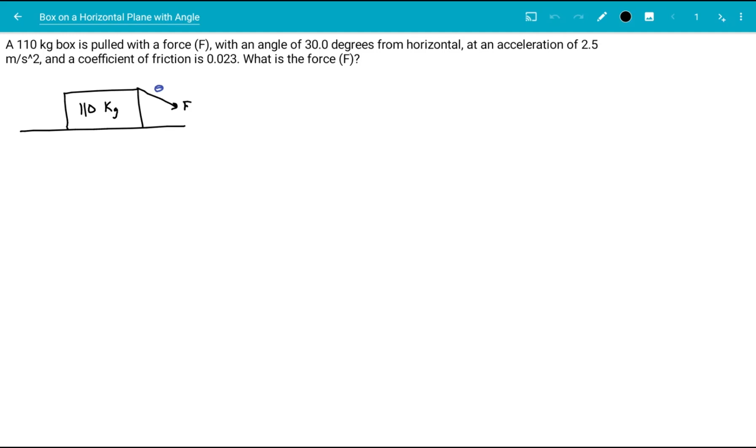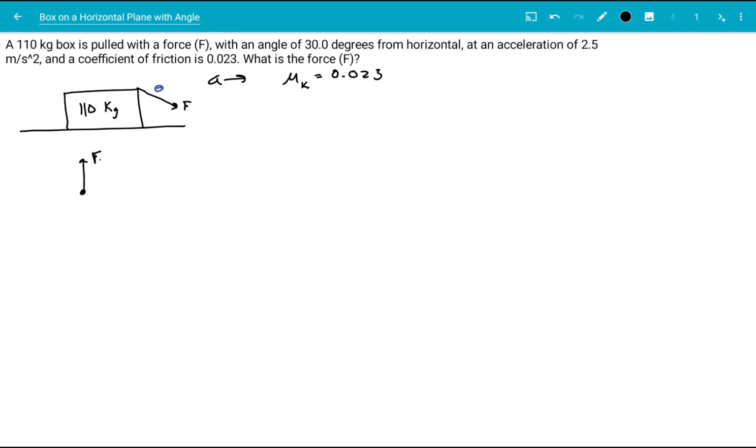First task is let's set up something. First of all, the acceleration is going to the right. The coefficient of friction, which is kinetic, is 0.023. Okay? And we should always start with the free body diagram. So start with the dot, looking here to the left.